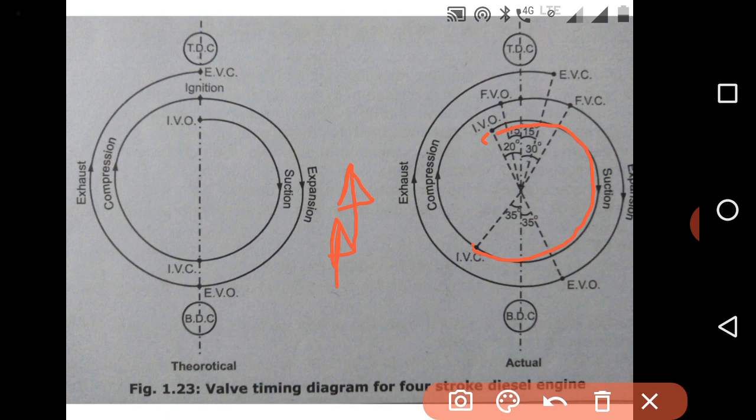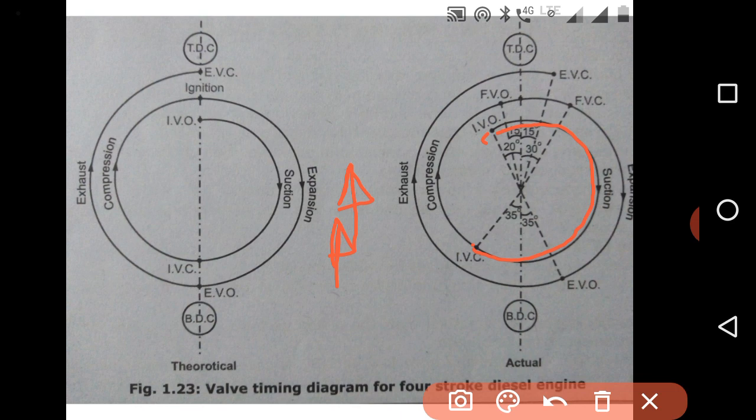As we are sucking the maximum volume, we can produce the maximum power for that speed of the engine. During this process, the inlet valve opens 20 degrees before top dead center, and the piston moves from TDC to BDC, achieving the suction process.